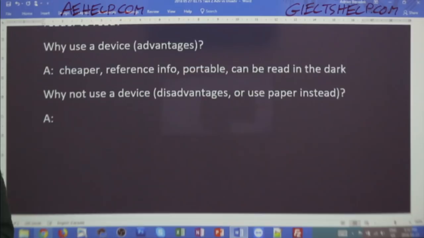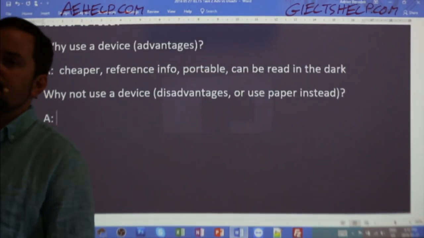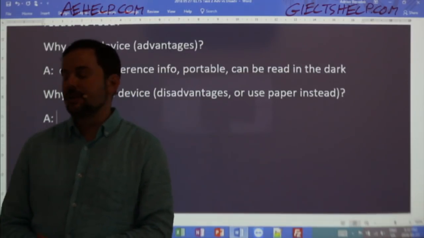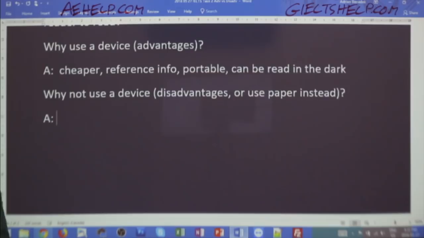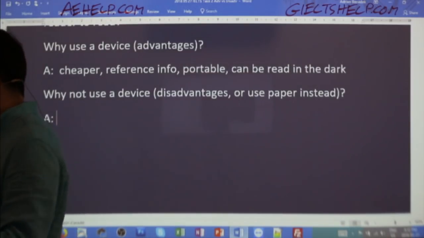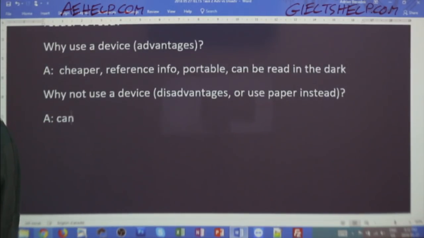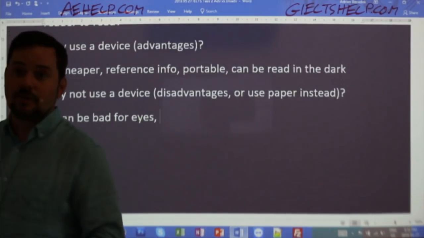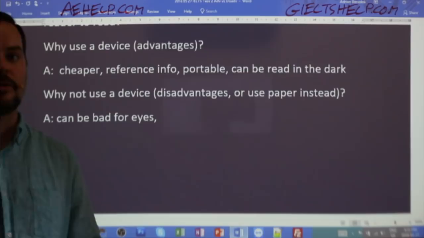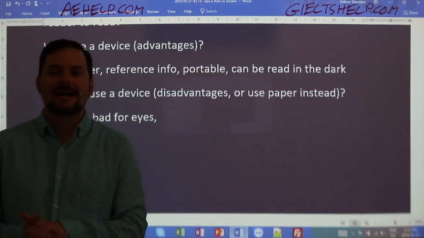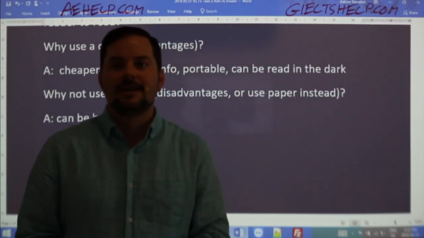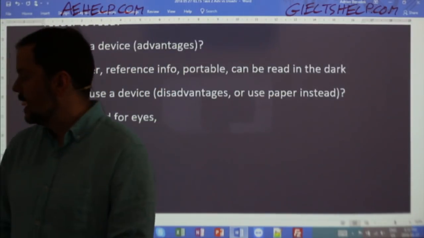Why not use a device? Yeah, it's true. I think maybe a paper book can have a bad effect on the eyes too, though, Manisha. So it's not necessarily true that it can hurt the eyes. But hey, if you can argue it, sure. Especially if you're using those modern e-readers, those are quite good. I know not everybody has them yet, but they're quite gentle on the eyes. So it can be bad for the eyes.